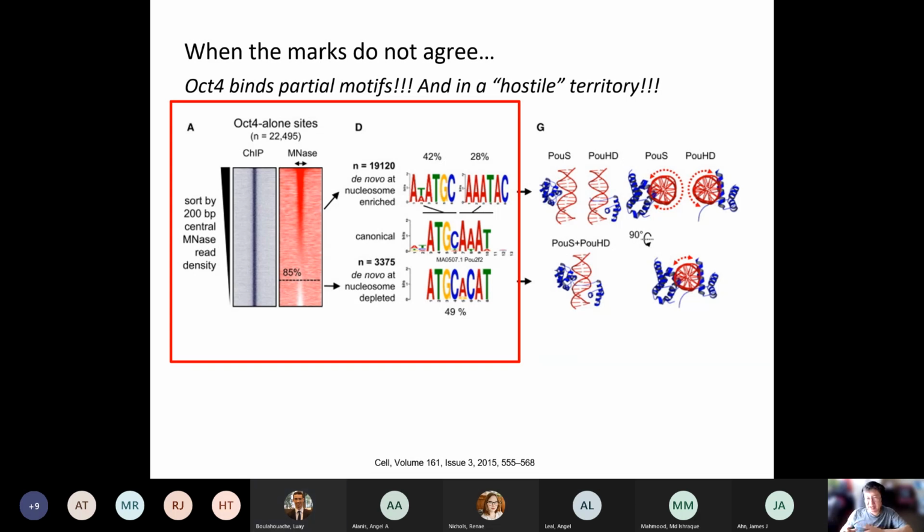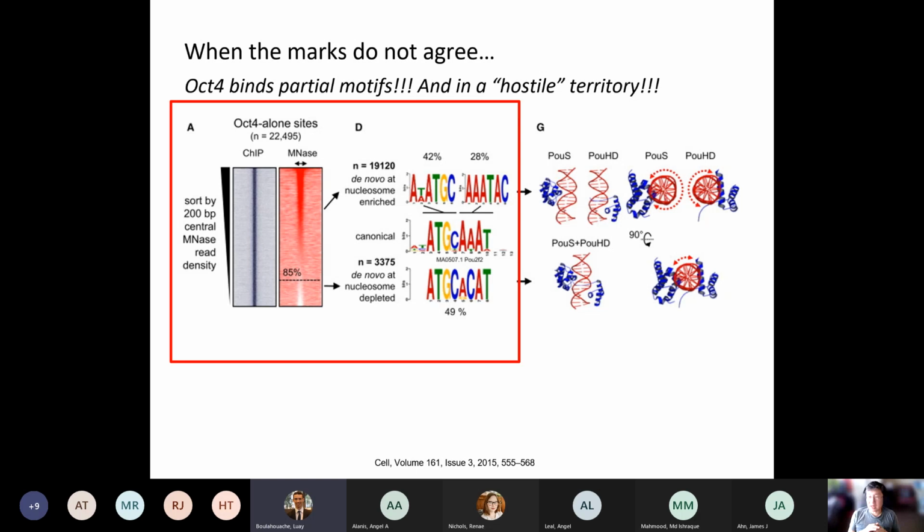Without this ChIP technology, we already knew, maybe by randomly synthesizing some nucleotides and studying the interaction between a protein and a nucleotide, that Oct4 can bind to this so-called canonical, classic sequence. But in this study, they call it de novo, basically what they found in this study.